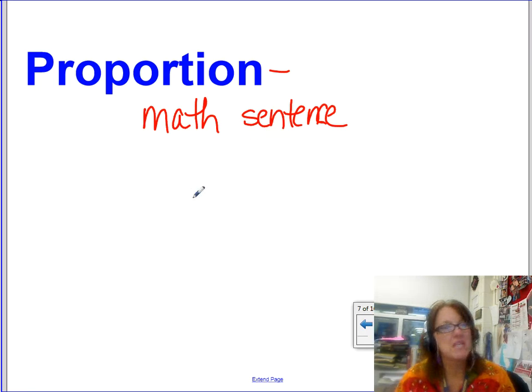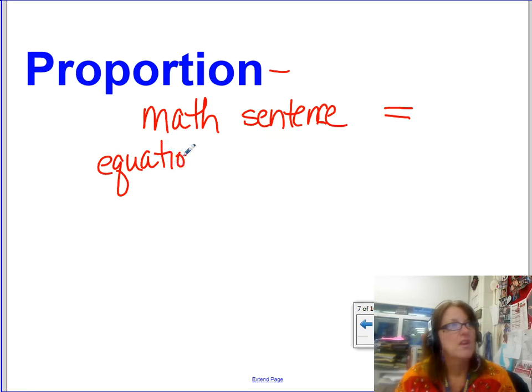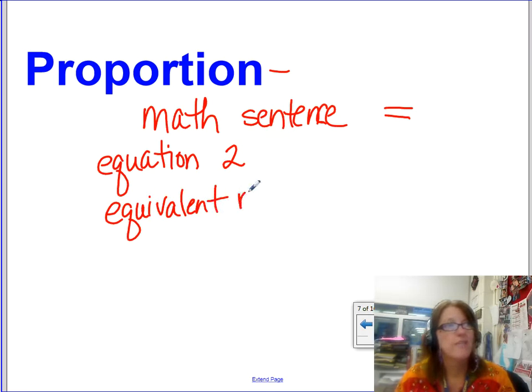It is a math sentence that has an equal sign in it, okay? Basically it is an equation that has two equivalent ratios. In other words, two equivalent fractions.